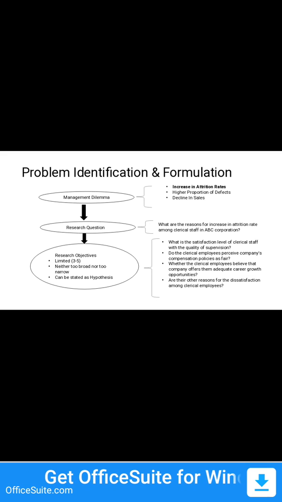I've read those papers, and based on that, I can understand that people leave just because they're dissatisfied with maybe the compensation policies or the career growth opportunities, or maybe with their boss. This background information has led me to break down the research question into these four research objectives. Okay, now let us understand what happens once the problem has been identified and formulated.